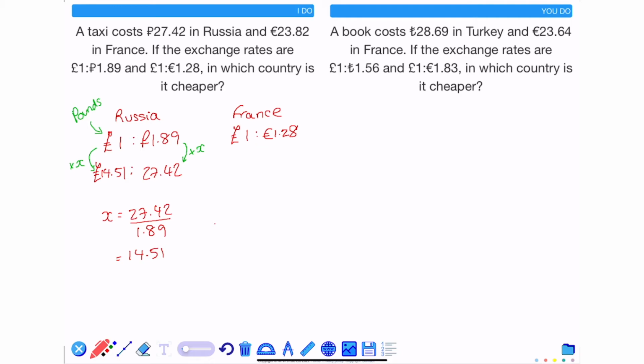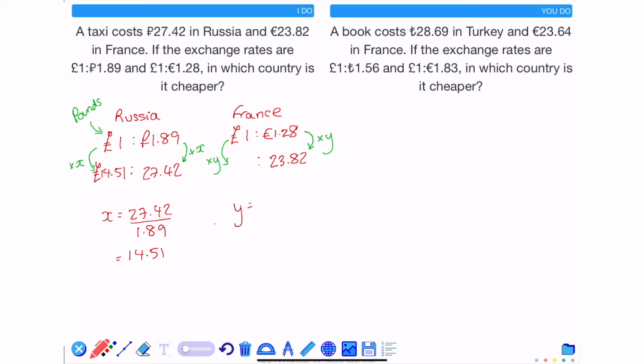Doing something similar to the French cost, and using the ratio £1 to €1.28, I need to convert €23.82. Doing the same thing and working out what the multiplier is, that I'll call y in this case. Whatever I do to one side, I do to the other.